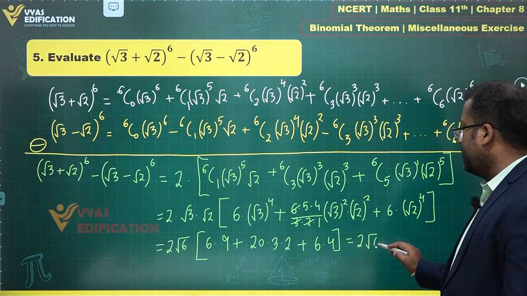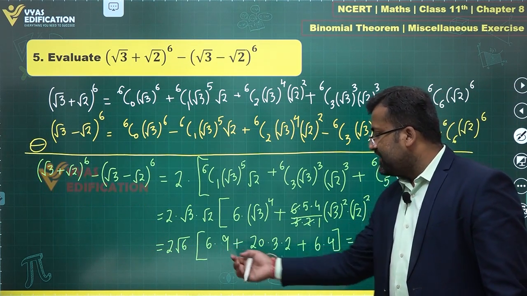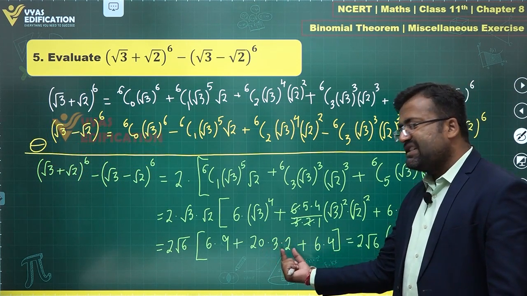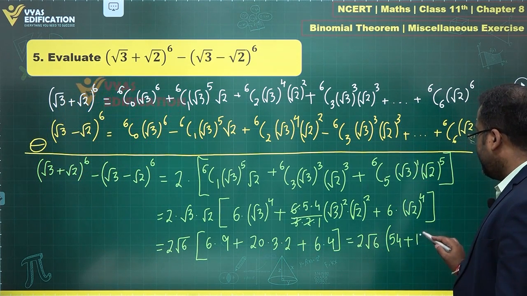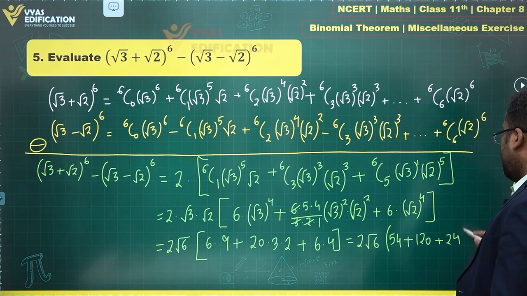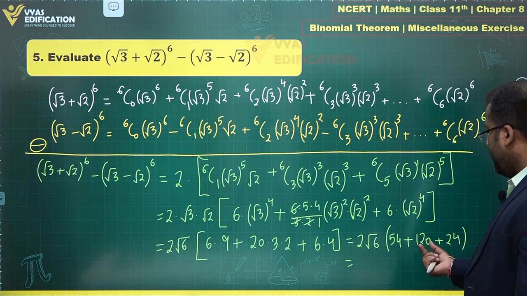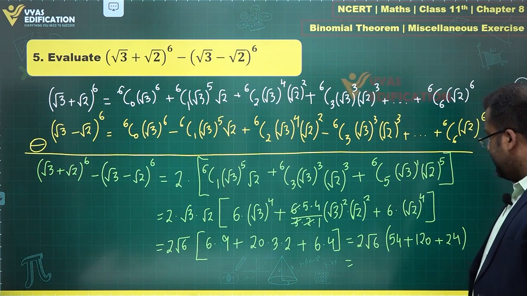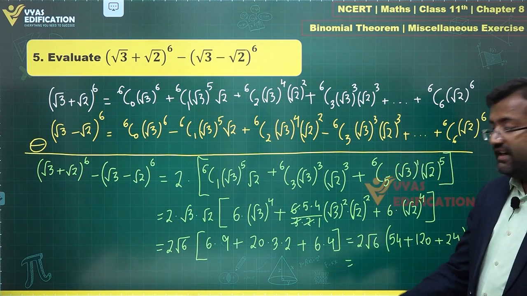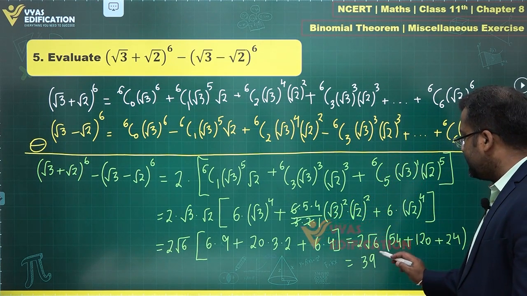The final result that you will be getting is this: 9 times 6 is 54, plus 20 times 6 is 120, plus 6 times 4 is 24. What do you get? 198 is what I am getting. Yes, 198 times 2 is 396.